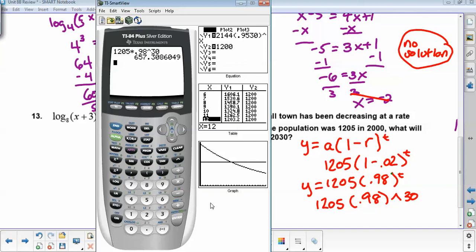Alright, and so we have to round this to the nearest person because you can't have 0.3 people. So we will say that this is 657 people.